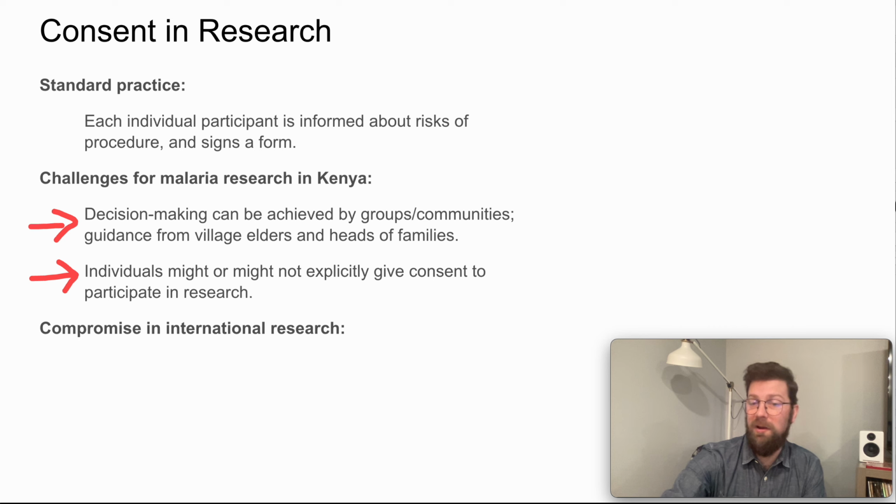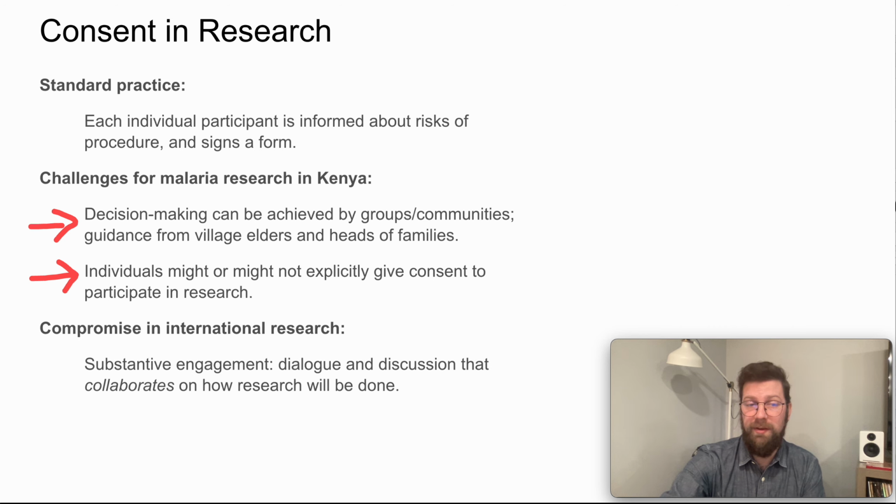And here's the compromise in international research that Dunn and Hope find. They say that if we're not going to do the standard Western procedure, we need some kind of other engagement.